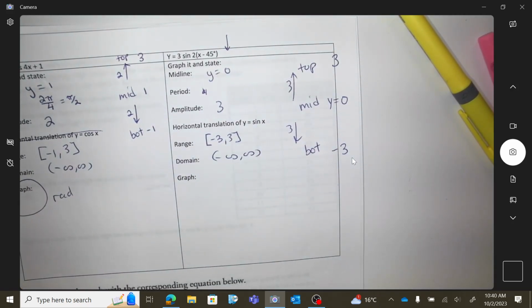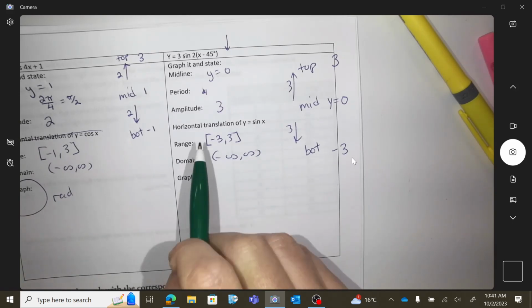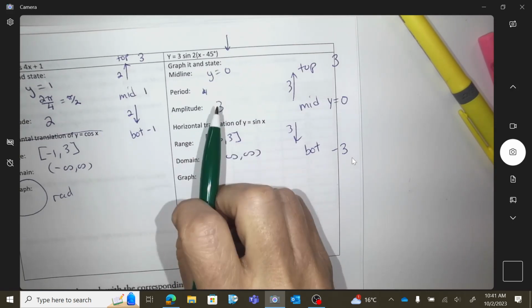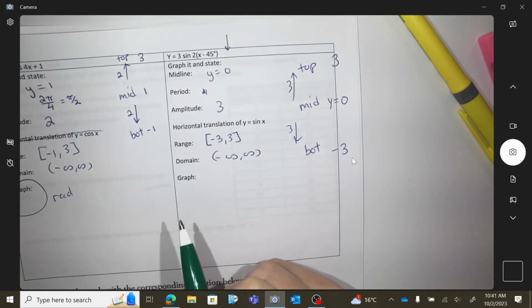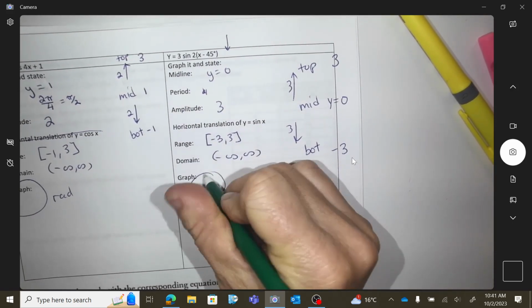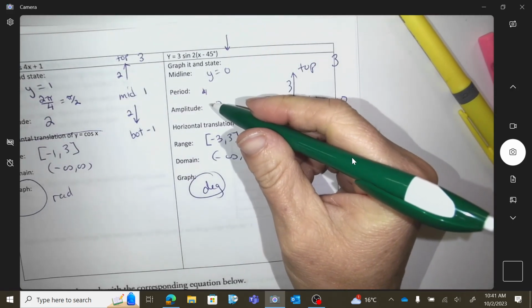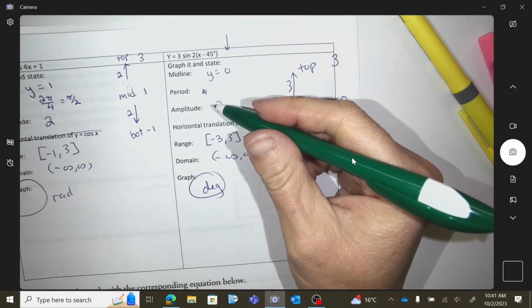I'm going to talk about the graph of this before we do the period of this. Graphing, what mode would you put this one into if you were to plot it? Look at your equation. What mode would you have to exist in? Degrees. So when I answer my period, I'm going to talk about degrees.